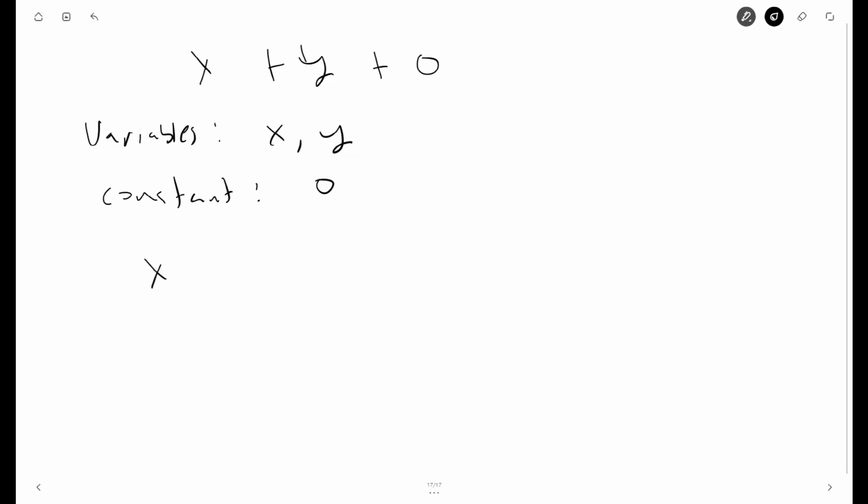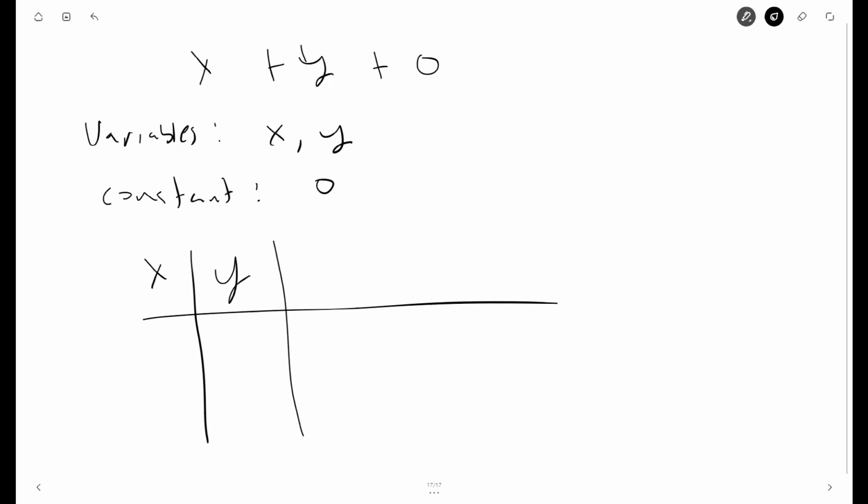So x, y, and then x plus y plus 0. Then I'm going to use negatives so you'll see better: negative 1, 2 and negative 2, and then 3 and negative 1.